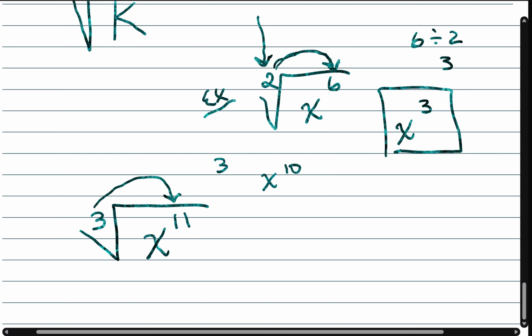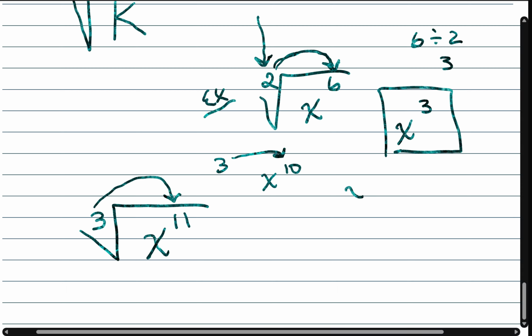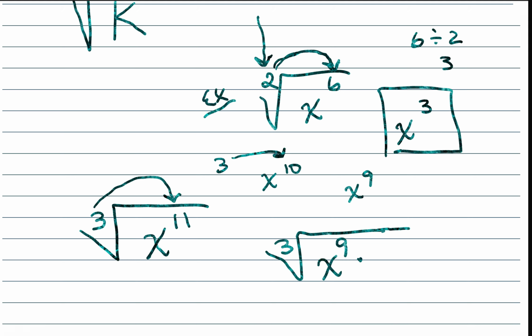However, 3 doesn't go evenly into the 10 either. So once you drop it down 1 and it still doesn't go, you drop it down 1 more, x to the 9th. Now I know 3 will go evenly into that 9, so that's good. However, we have to multiply times something, so we're not changing the original problem.